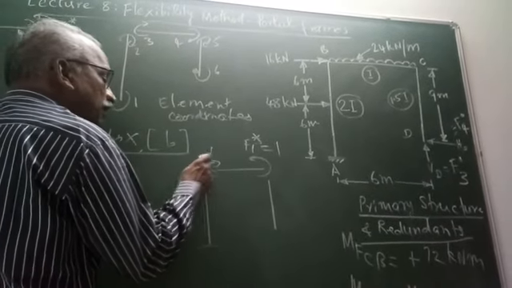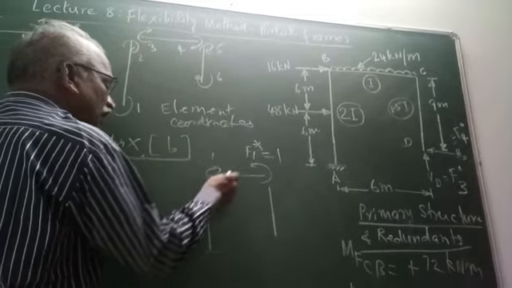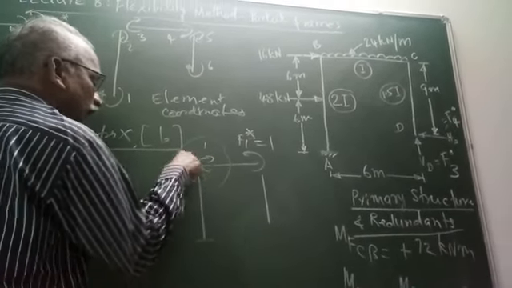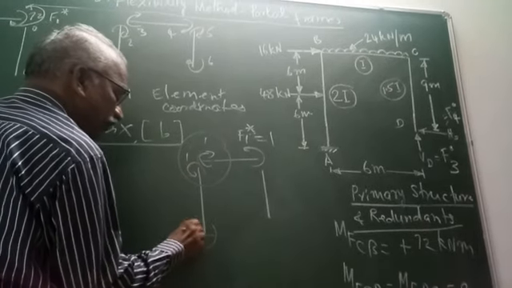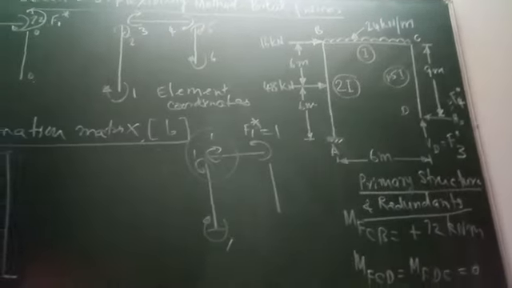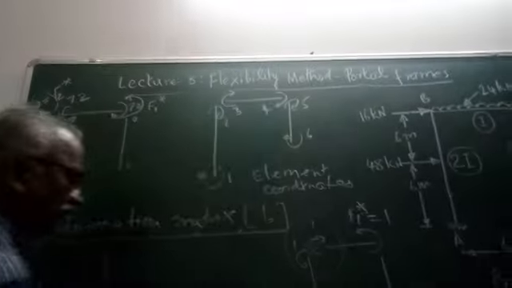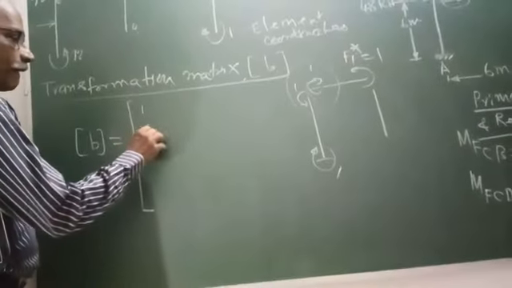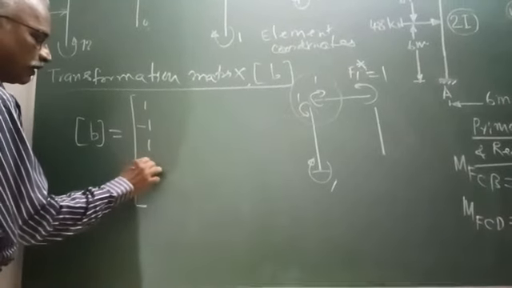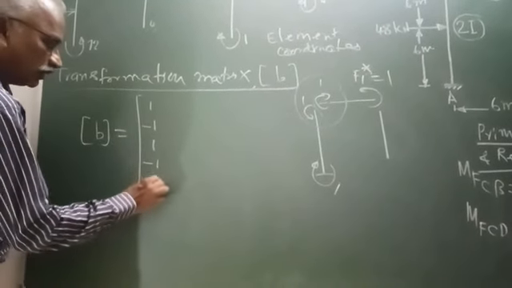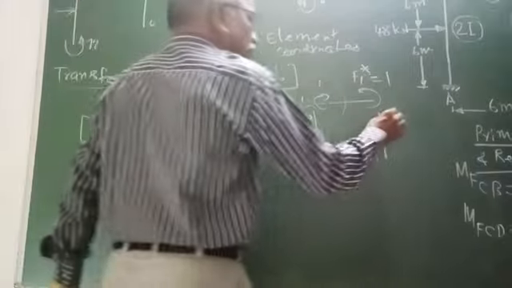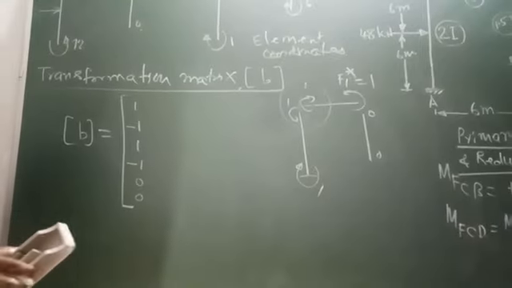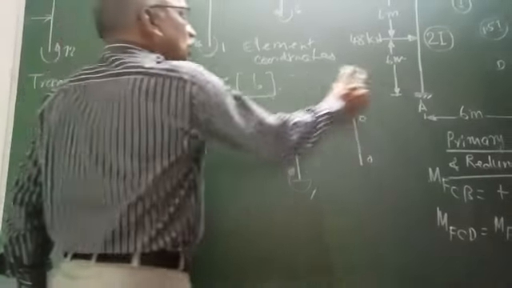Now that is for the member equilibrium. For the joint equilibrium, this is plus 1 here, this will be minus 1, and again this will be plus 1. So in this order, it is plus 1, minus 1, plus 1, minus 1, 0, 0. That is the first column of the B matrix by applying F1 star equal to unity.